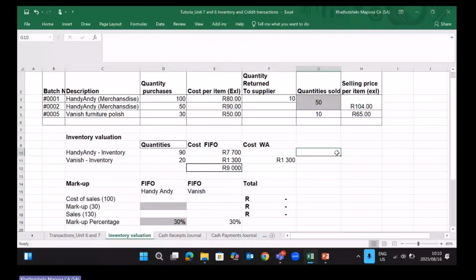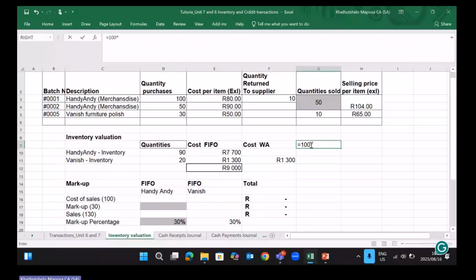The preferred method is to use the totals in order to determine the average. How do you do that? First, we have bought 100 for 80 rands, where 100 multiplied by 80 becomes 8,000.